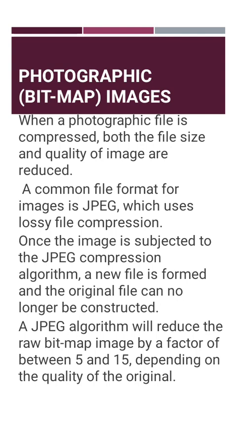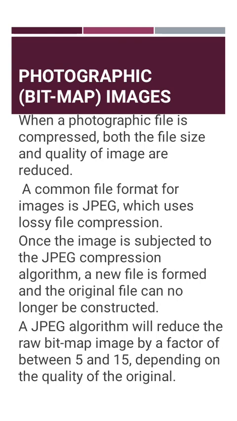So for images, when a photographic file is compressed, both the size and quality are reduced, right? A common file format for images is JPEG, which uses a lossy file compression method. Once the image is subjected to the JPEG compression algorithm, a new file is formed and the original file can no longer be reconstructed because data has been lost.